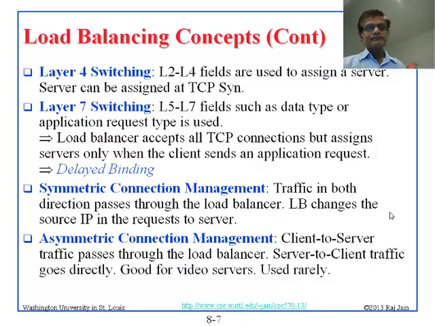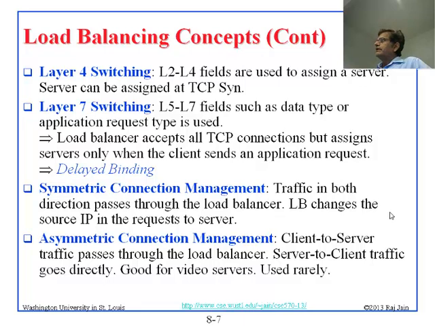Yeah. So, symmetric connection management. Traffic in both directions passes through the load balancer. That is one option. And the second is asymmetric, in which traffic passes in only one direction and not the other. All right? That creates lots of problems, and so it is generally not used. But in the symmetric case, once you send it to the server, the server sends it to you, and then you send it to the customer.